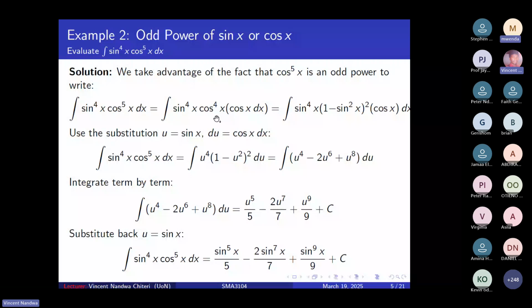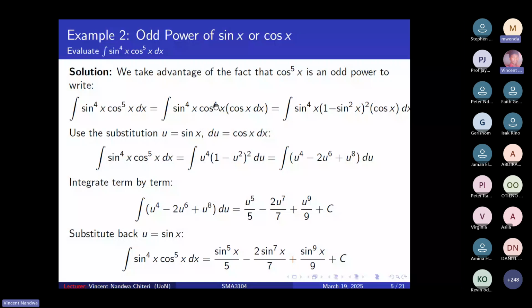That split is to enable us to transform this integral into an integral which you can easily solve by the previous methods we have discussed earlier on. When we write cos power 4x, you should be able to see that it's the same as cos squared x to the power 2.